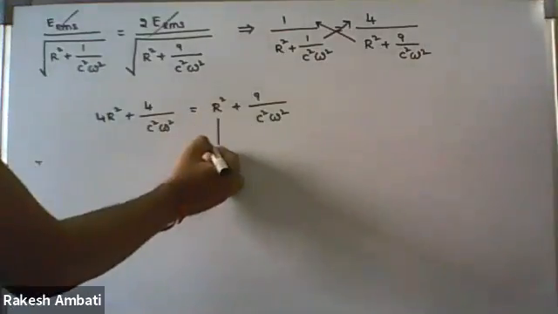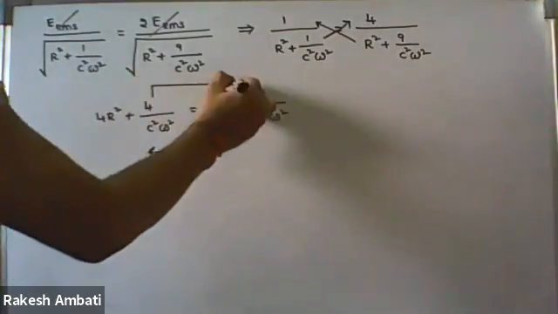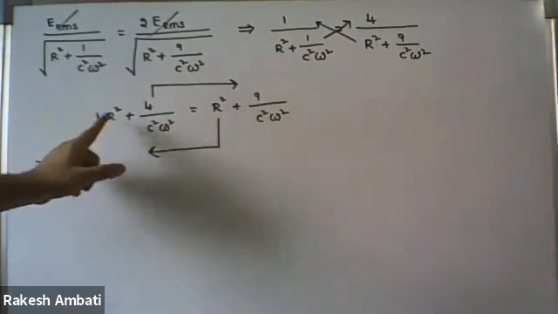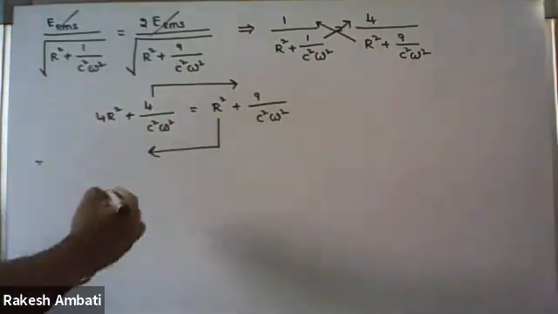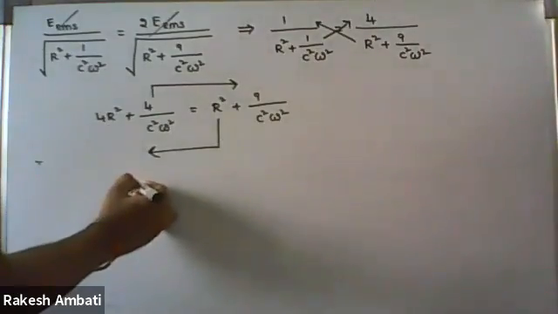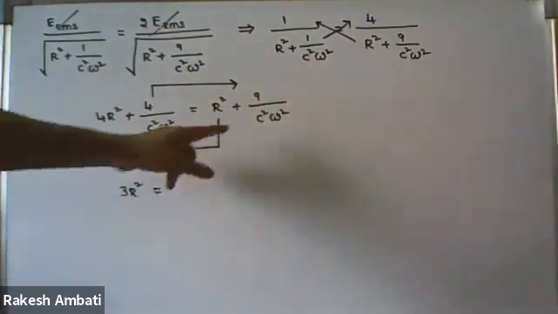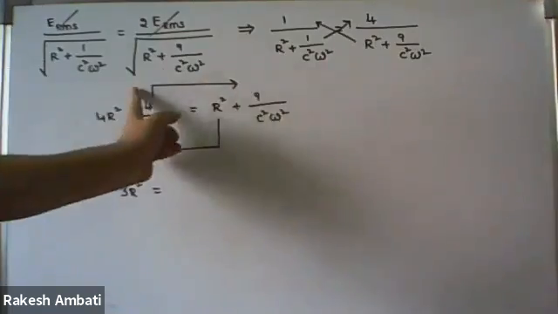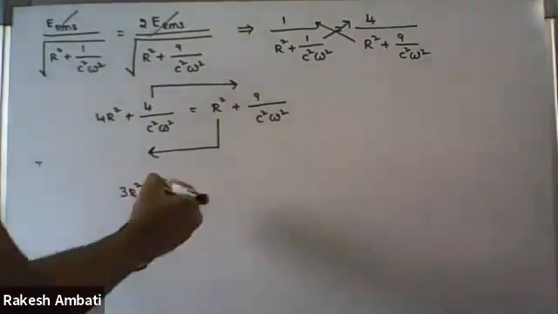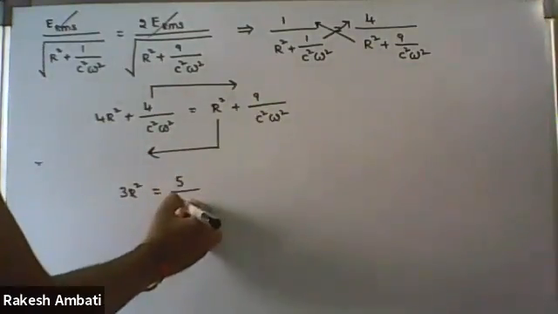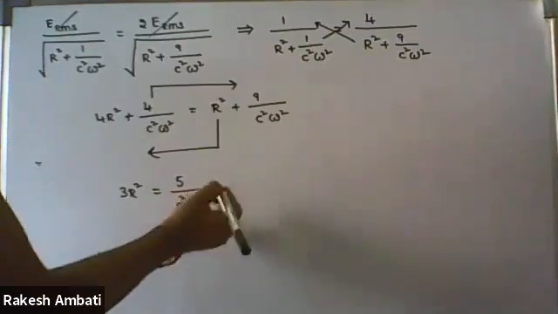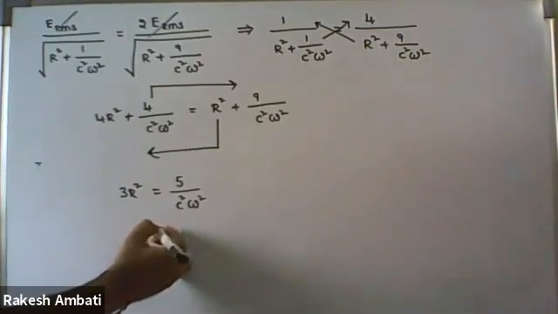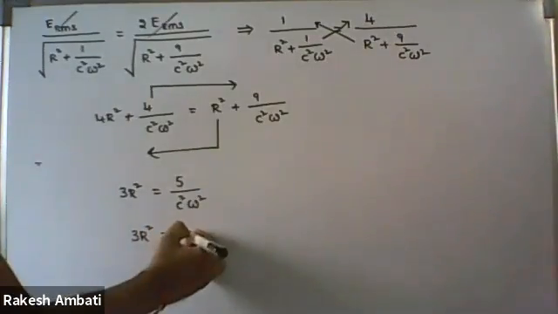Taking R square to the left side and the other value to the right side, 4R square minus R square is 3R square, equal to 9 upon C square omega square minus 4 upon C square omega square, which is 5 upon C square omega square. Therefore 3R square equals 5 upon C square omega square.